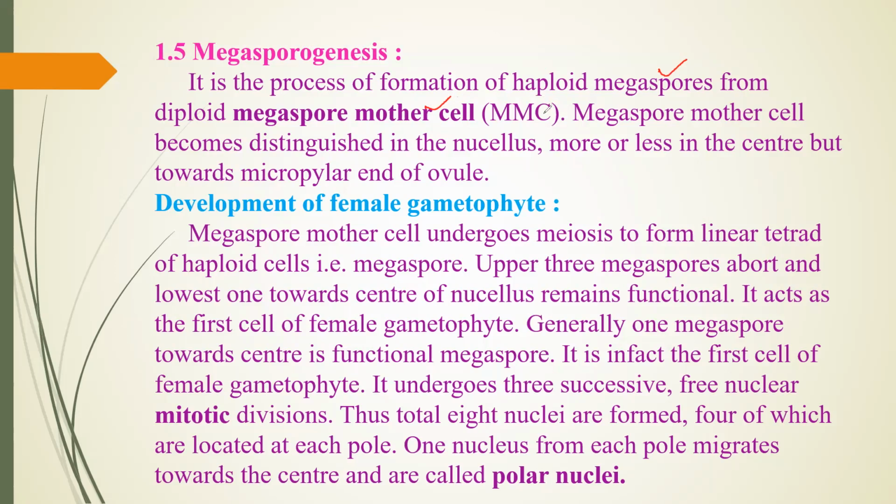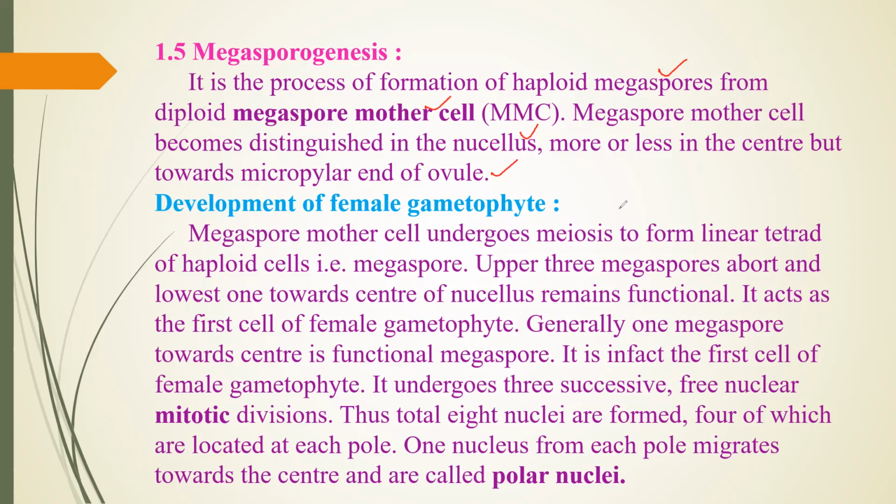So the megaspore mother cell is the cell which, after the meiotic division, is formed in the ovule. The megaspore mother cell becomes distinguished from the nucellus more or less in the center, but towards the micropylar end of the ovule. Means whatever megaspore is present, it is distinguished in the nucellus, but it is away from somewhat the center. म्हणजे center पासून थोडंसं बाहेर गेलेलं असतं. Okay, micropylar end of ovule.